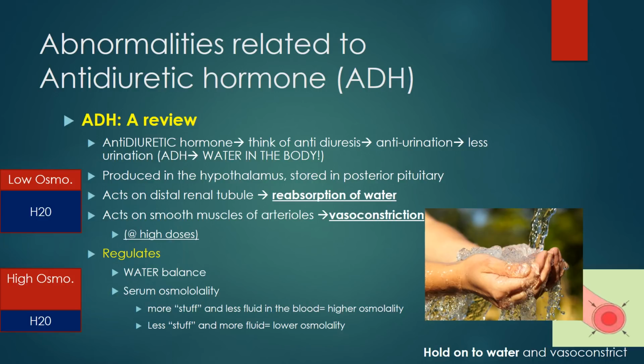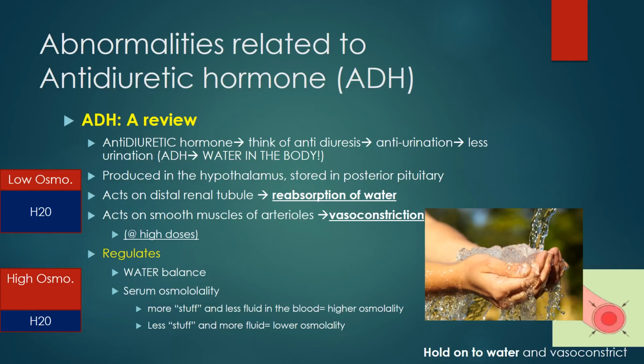Now before we move on, I challenge you to think about one more thing. If my patient has high amounts of ADH, what will their urine osmolality be? Take a second to think about it, pause the presentation, and consider your answer. So lots of ADH means lots of water in the body, low serum osmolality because all the water is diluting everything.